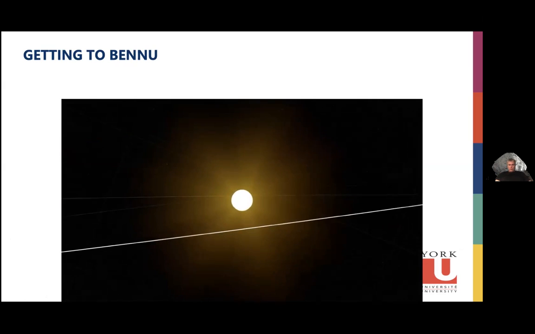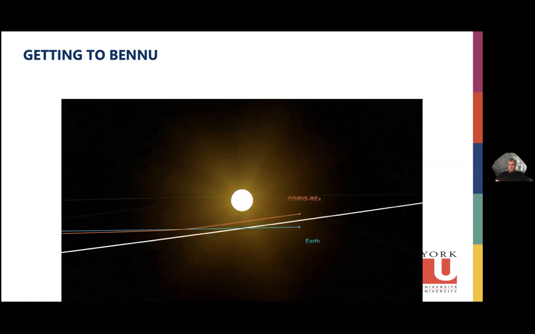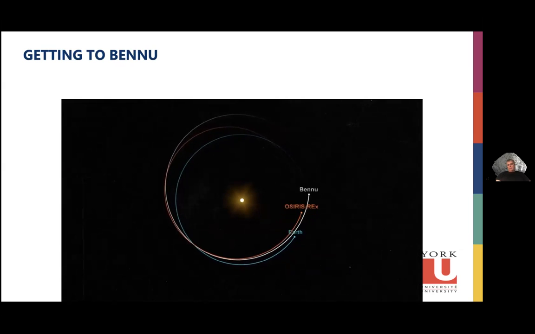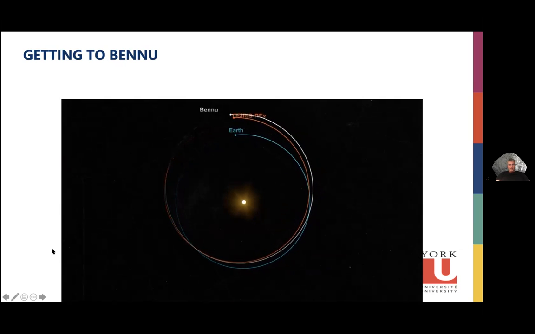So we needed to use the Earth along the way here for a little bit of extra energy. So this is what's called a gravity assist. And we reached Bennu in December of 2018.